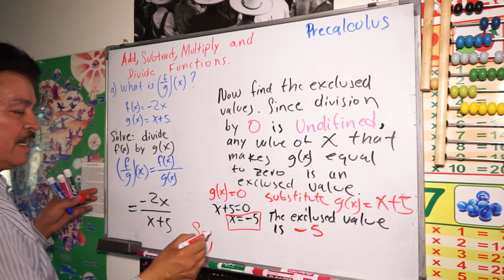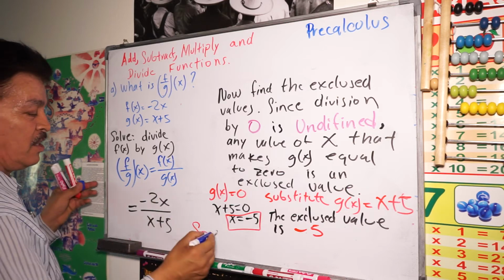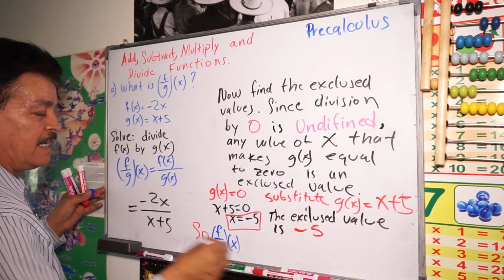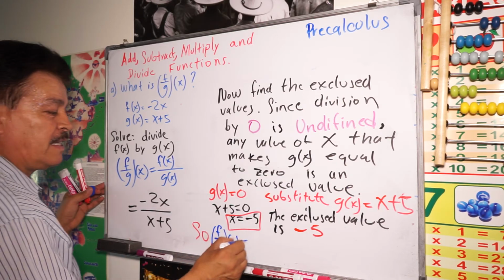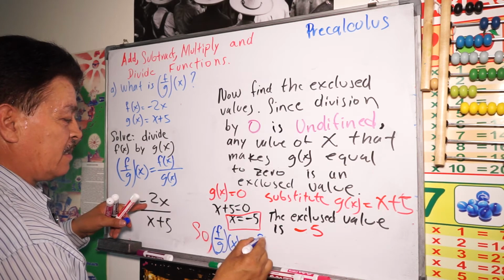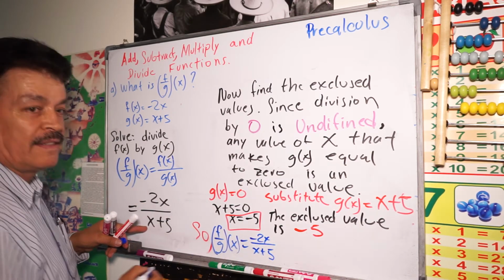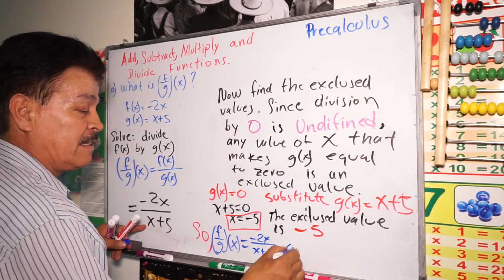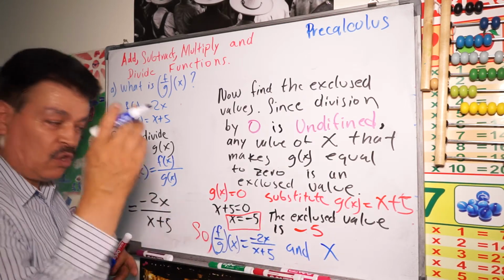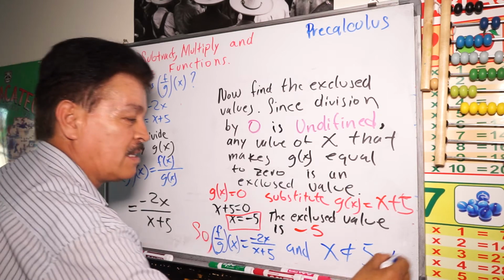Therefore, (f divided by g)(x) is equal to negative 2x divided by x plus 5, and x is different from negative 5. This is the answer.